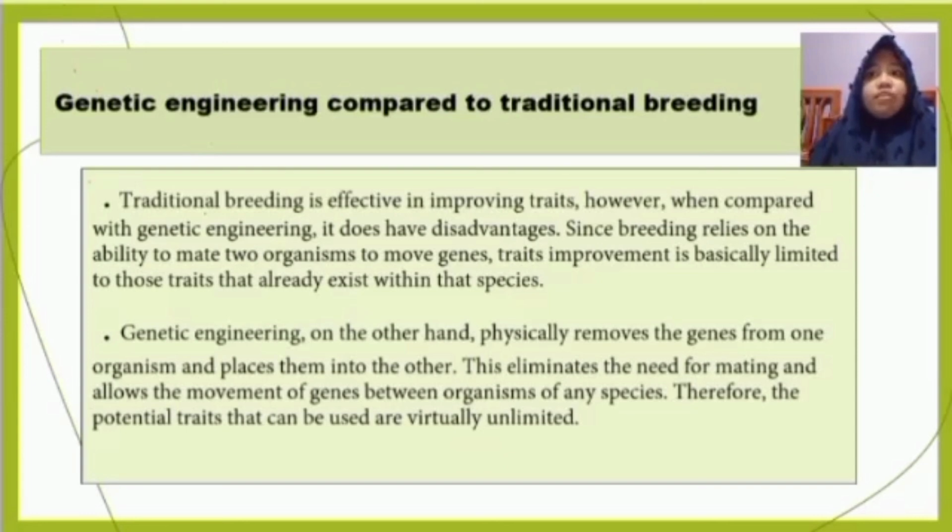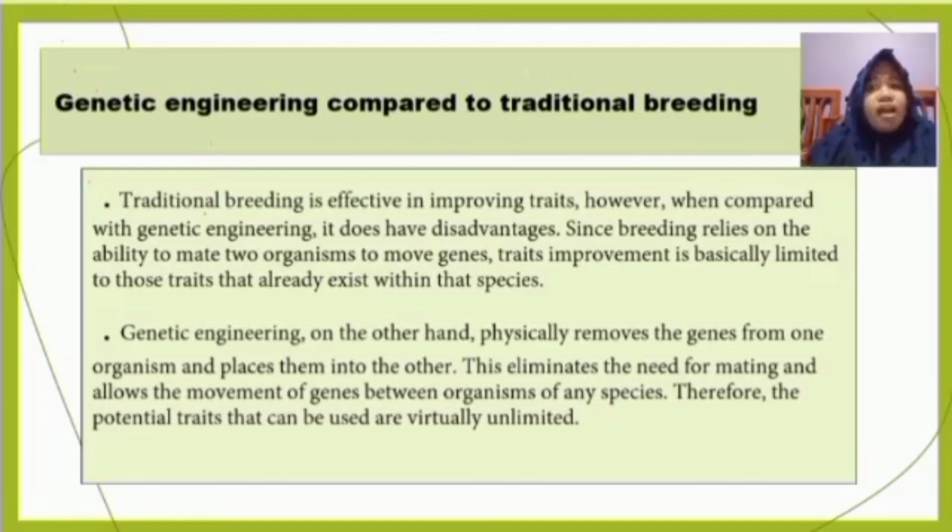Genetic engineering compared to traditional breeding. Traditional breeding is effective in improving traits. However, when compared with genetic engineering, it does have disadvantages. Since breeding relies on the ability to mate two organisms to move genes, trait improvement is basically limited to those traits that already exist within that species.